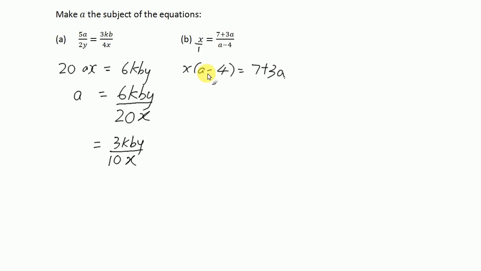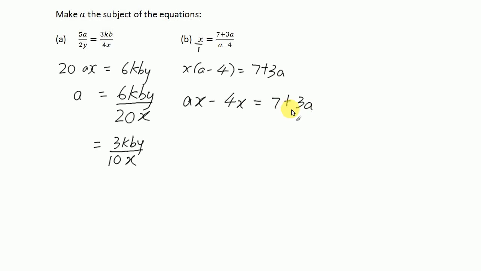Now when I expand out, I'll get ax minus 4x equal to 7 plus 3a. Now since I want to make a the subject, I try to bring the a terms together.